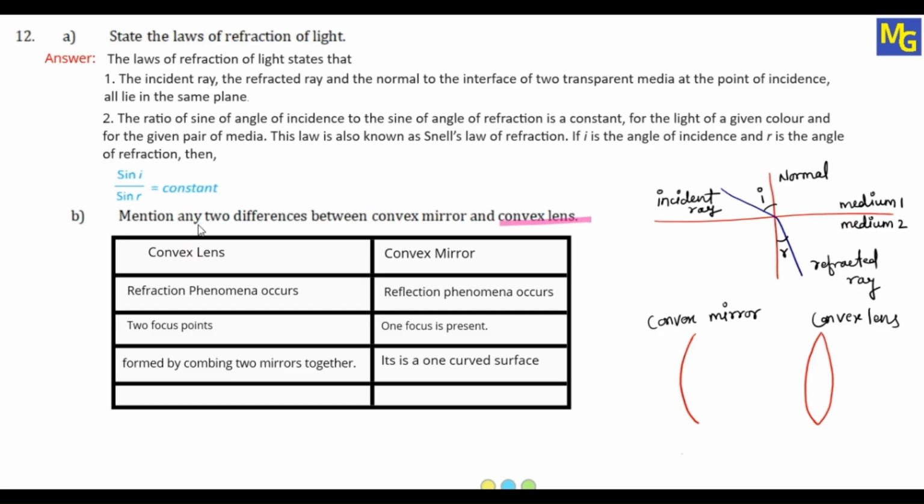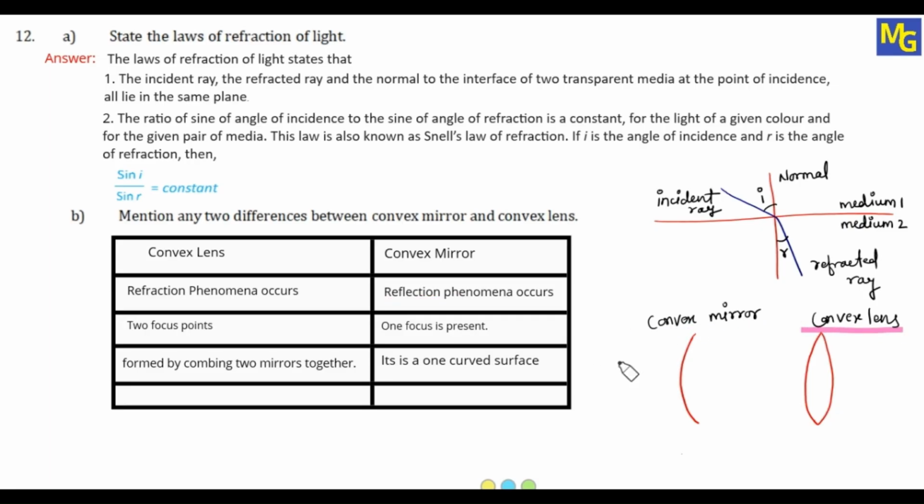They have asked for any two differences. At least two differences we must write. So here it is convex lens and here it is convex mirror. In a convex lens, the refraction phenomenon occurs. So always in a lens there will be refraction. But in a mirror, there will always be reflection. So here I have drawn the diagram. This is the mirror diagram and this is the lens diagram.